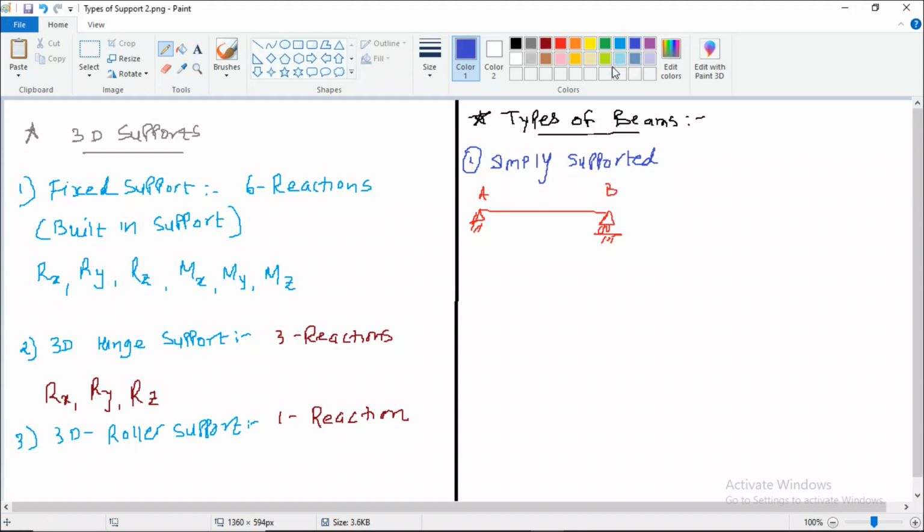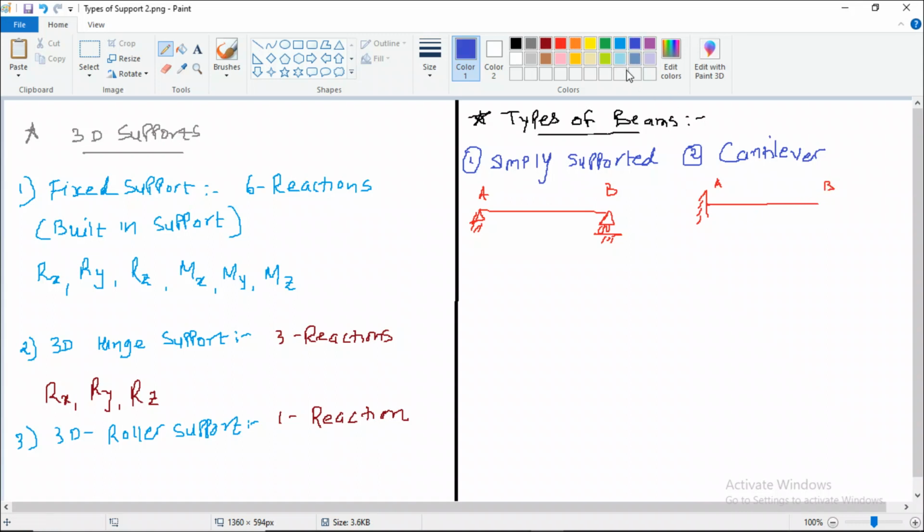Second type of beam that is possible is the cantilever beam. If you want to draw it, one side is fixed, another side is free. So this is how your cantilever beam will look like.